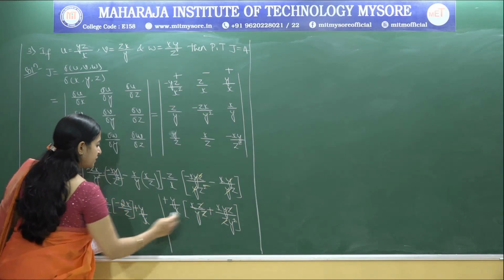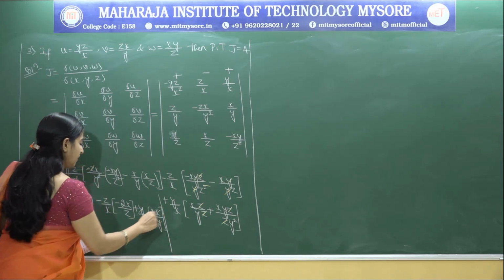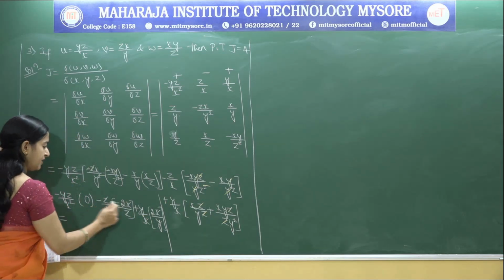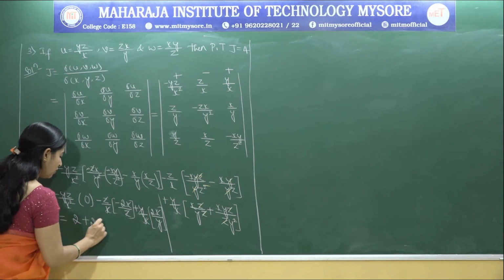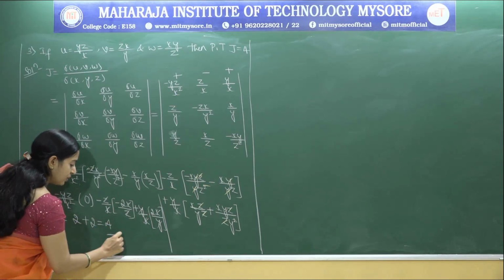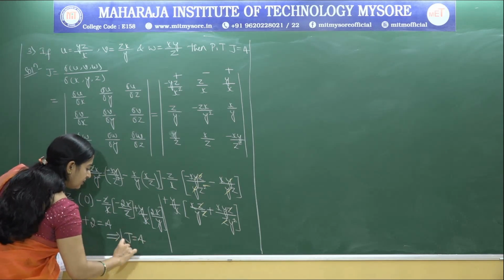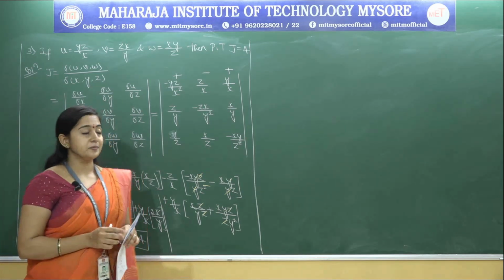Here x by y and x by y, you have 2 times, 2x divided by y. So cancel y and x, here z and x. Minus and minus, you will get the plus sign. Here also the plus 2. So the answer is 4. This implies the Jacobian equals 4. This is the answer.